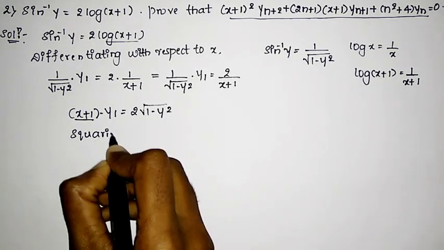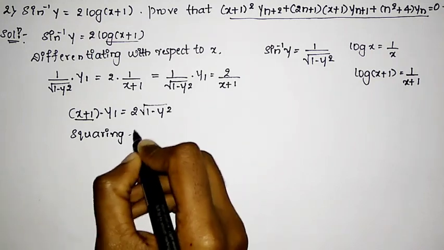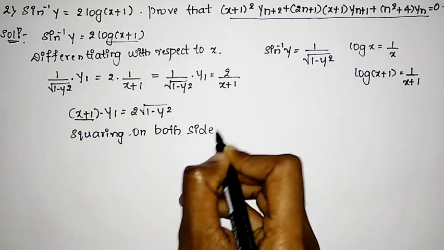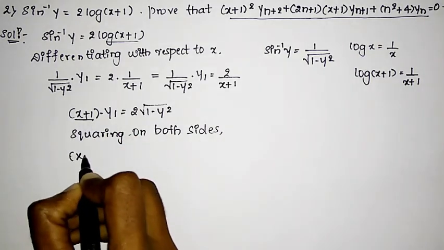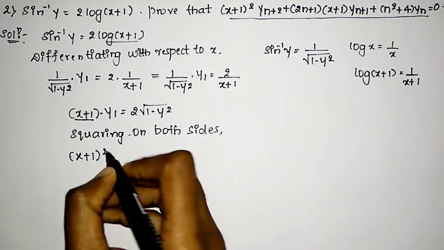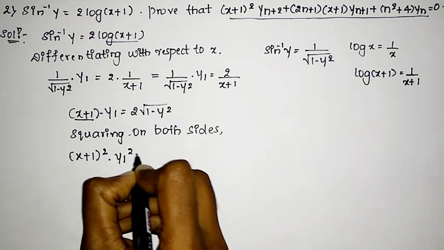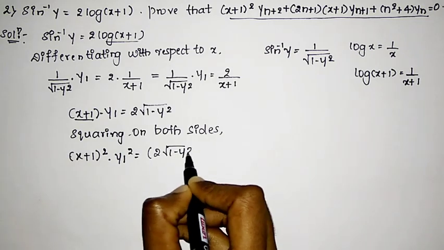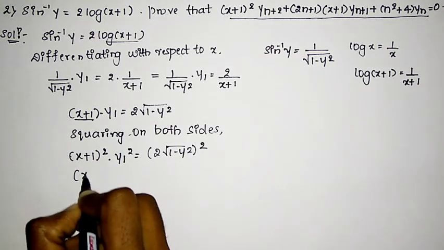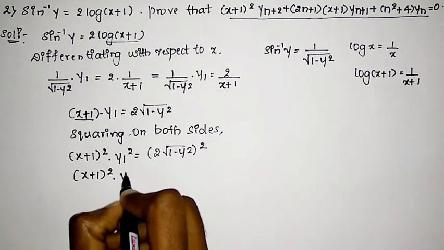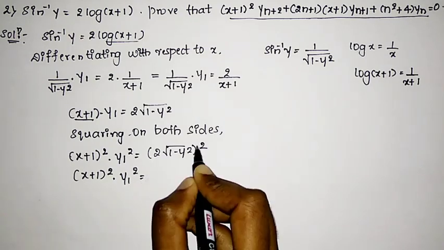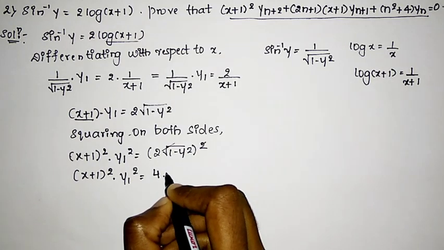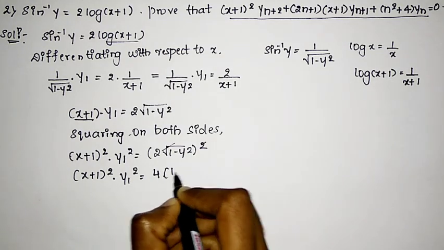So squaring on both sides, we have x plus 1 whole square into y1 square is equal to 2 into square root of 1 minus y square whole square. So that is 2 square is 4 into, this square root and this square root get cancelled, so it is just 1 minus y square.